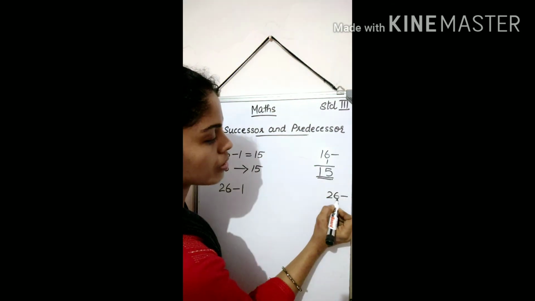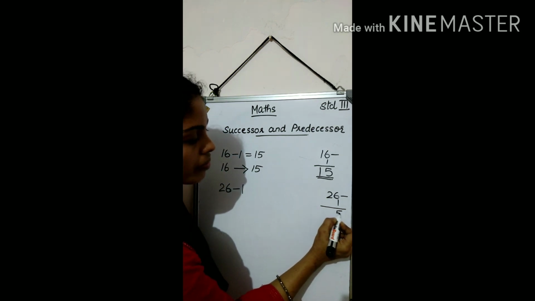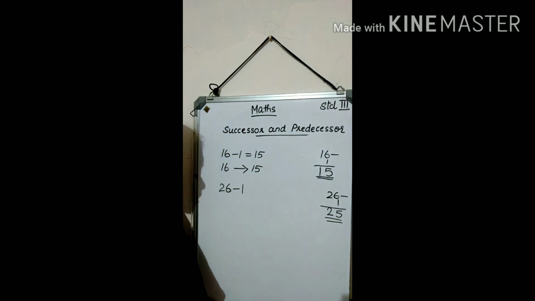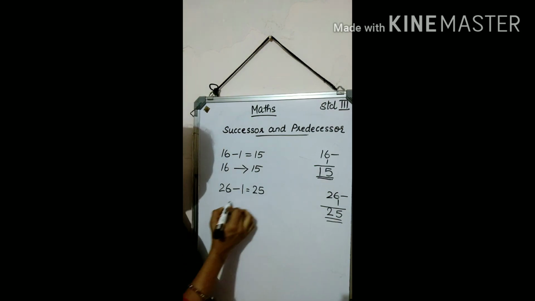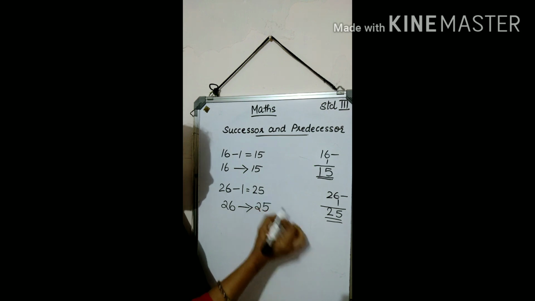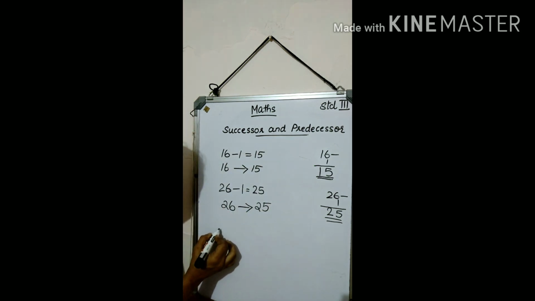26 minus 1. 6 minus 1, 5. So 25. The predecessor of 26 is 25. Then what will be the predecessor of 172?